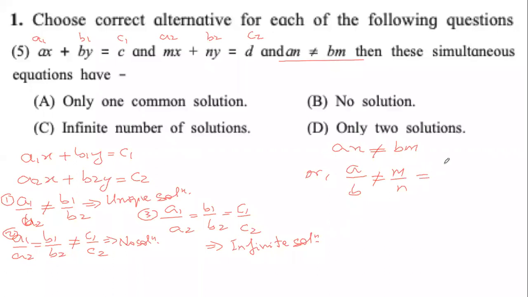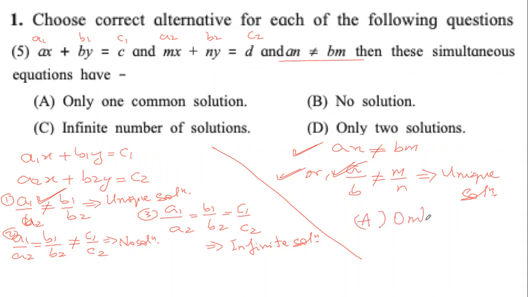Now this implies unique solution, because it is same as our condition number 1: a1 by a2 is not equal to b1 by b2. So in your answer, you have to write this, and then you have to say, therefore, the correct answer is A, only one common solution.